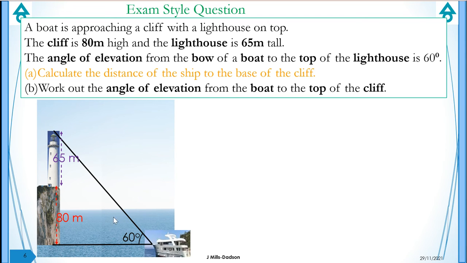So this is 60 degrees. And we are supposed to work out the distance from the base. So we want to work out this. First, we know this distance, 80 and 65. That is the cliff and the lighthouse together makes 145 meters. And we're supposed to work out the distance.